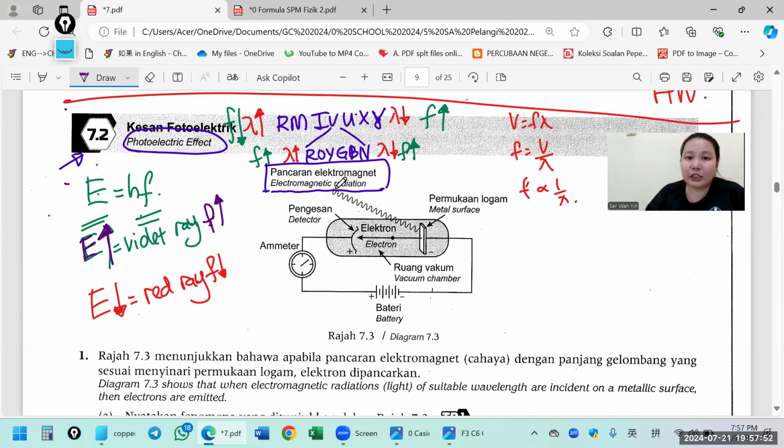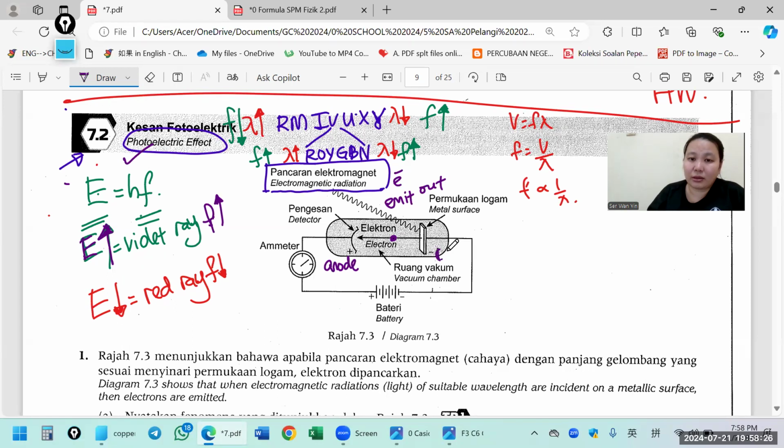Now if we shine the light onto the metal surface, what will happen? Photoelectric effect, because electrons will escape out. There is enough energy for it to break bond and be released, or emitted out. The electrons will be able to emit out, and we will connect it to an anode.